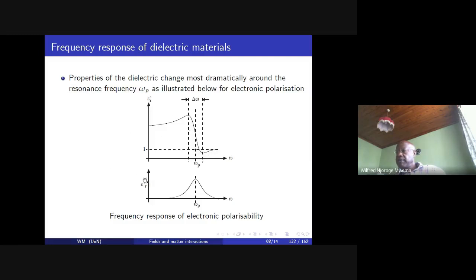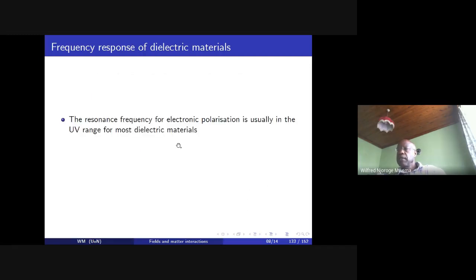The imaginary part has the peak value at the resonance frequency omega p, and it picks up and then goes down as the particles now become unable to follow the field. So the resonance frequency for electronic polarization is usually in the spectral region of the UV range, that is the ultraviolet range, for most dielectric materials.